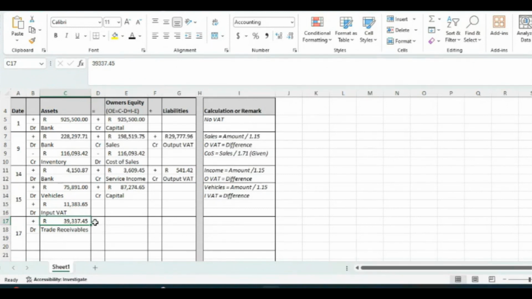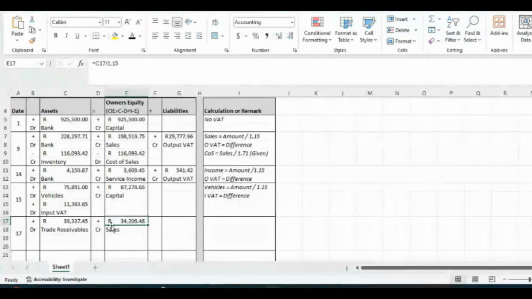Okay, if that is the case, then there is a sale on this side that will also increase our owner's equity, but for every debit there's a credit. So this is sales, but the sales is of course that trade receivables amount divided by the VAT. Divided by the 1.15, so that we get the VAT exclusive amount.